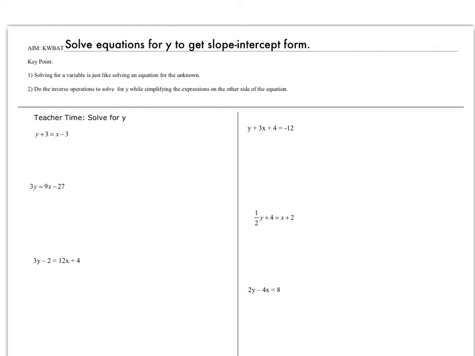Jalil. The one where y is by itself is more time-consuming. It's more difficult. It takes longer. Edwin? Yeah, the standard form one was definitely a lot more difficult. It took a lot more time to get that problem done.